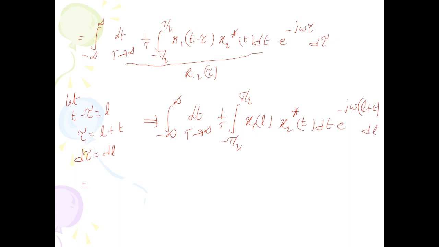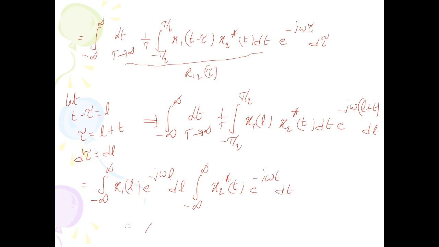Now this is equal to integral minus infinity to plus infinity x1 of L e power minus j omega L dL into integral minus infinity to plus infinity x2 star of t e power minus j omega t dt.